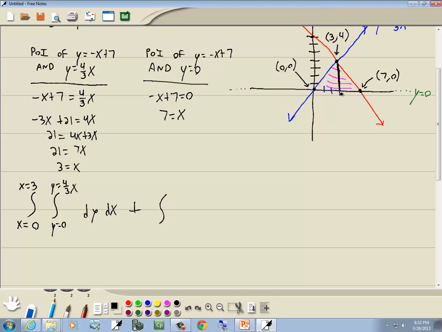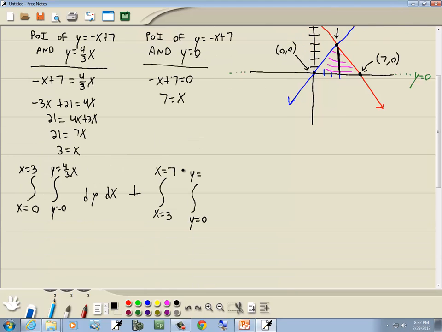Then our second half of the triangle, this is going to go from 3 to 7. So we got x equals 3 to x equals 7. And this right here is our, again, our y is equal to 0. And the red line is up above that. And what was our red line? Negative x plus 7.